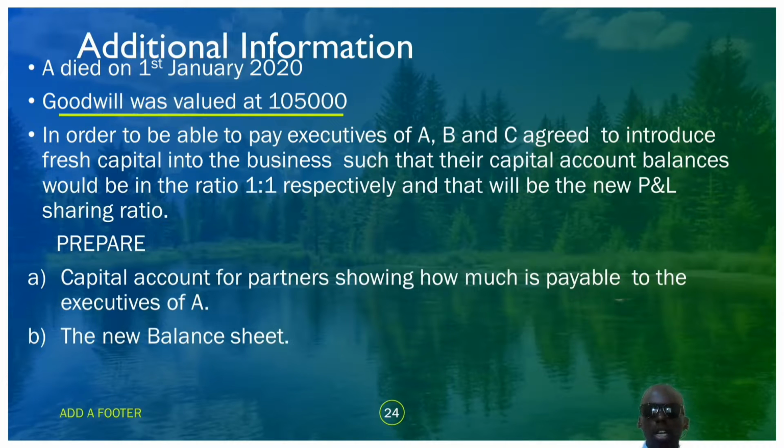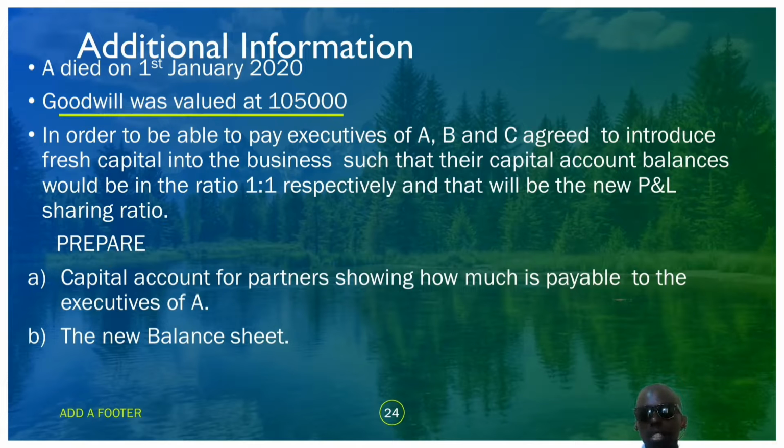There was an agreement made that in order to be able to pay the executor of A, B and C agreed to introduce fresh capital into the business such that their capital account balances would be in the ratio 1:1.